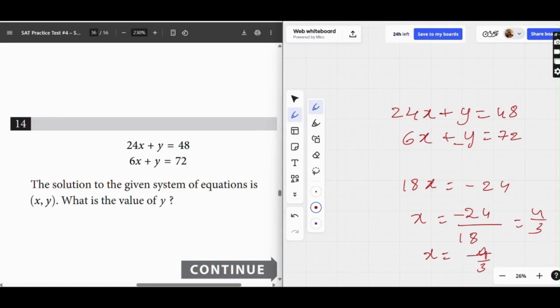Substitute any one of them. I'm taking the second equation. 6 multiplied with negative 4 by 3 plus y equals 72.